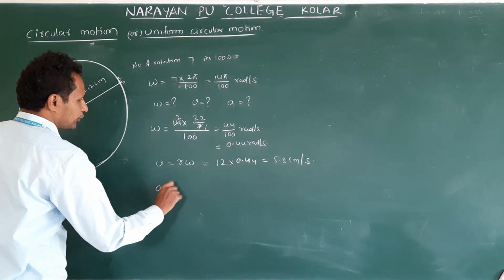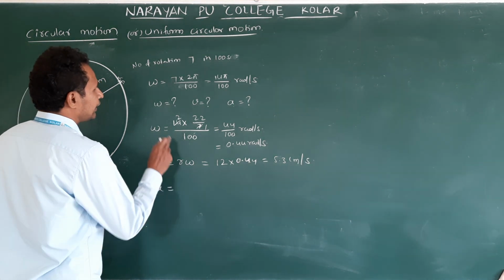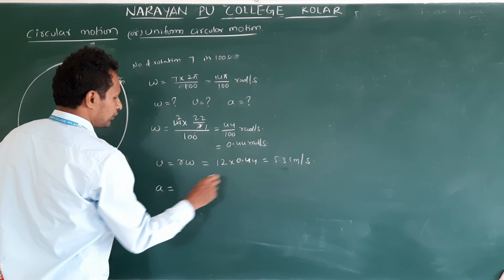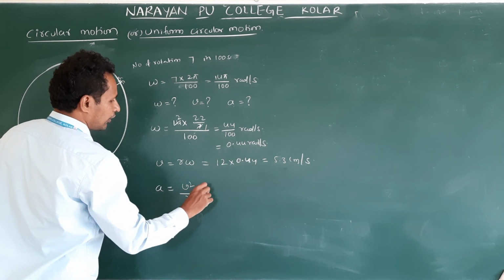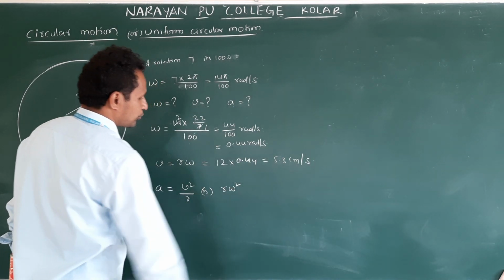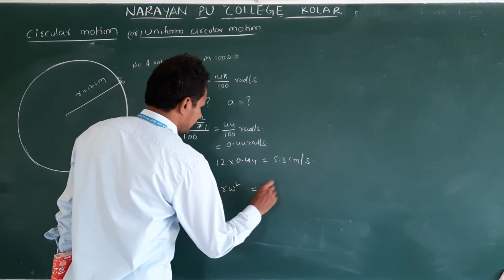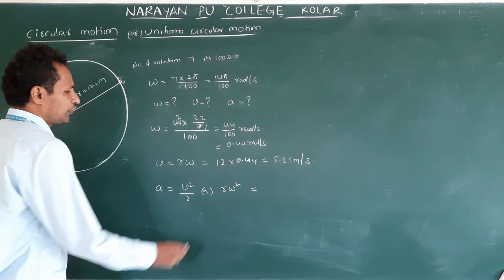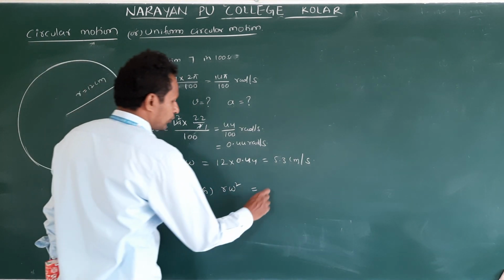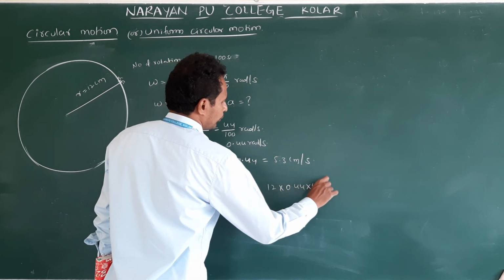Next, what did they ask? Acceleration. A is equal to v square by r. Already we have v, or we can use r omega square. That's your interest. If you follow r omega square, what is r? 12 into 0.44 into 0.44.